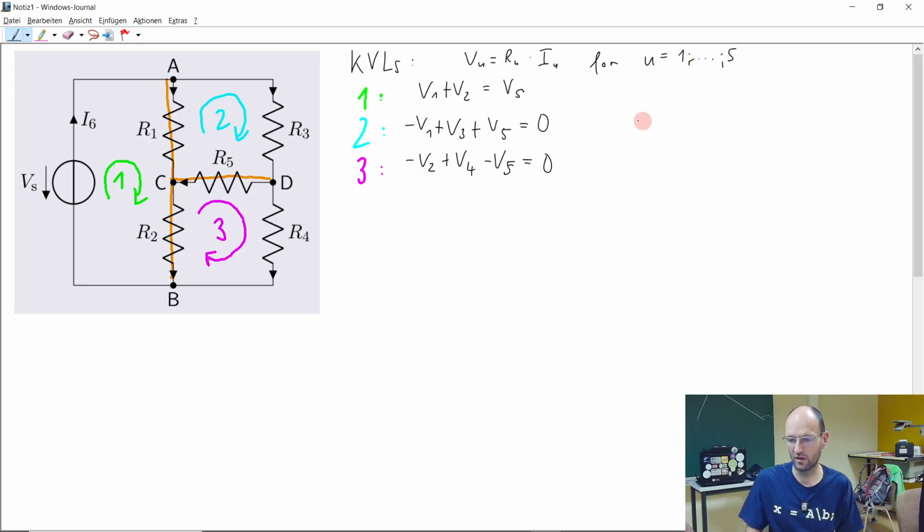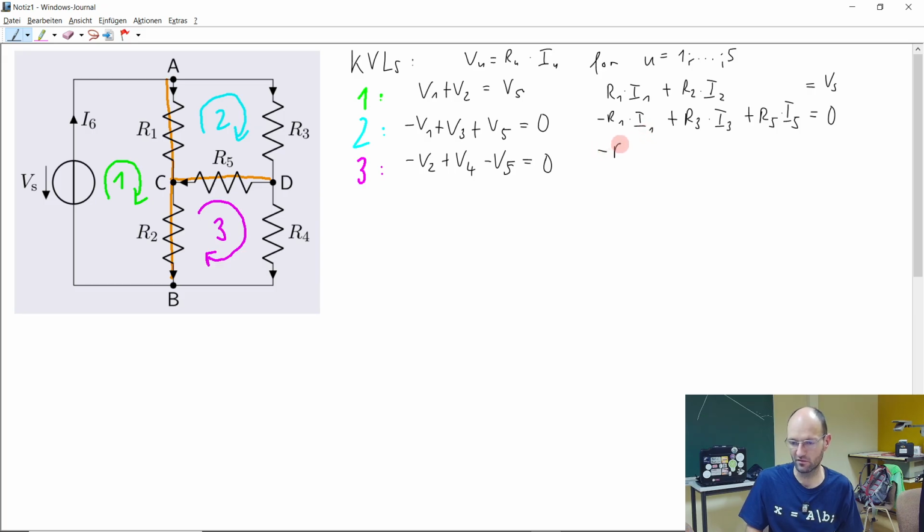Right? Okay, so then we get R1 times I1 plus R2 times I2 equals V source. Then we get minus R1 times I1 plus R3 times I3 plus R5 times I5 equals 0. No source in this mesh.